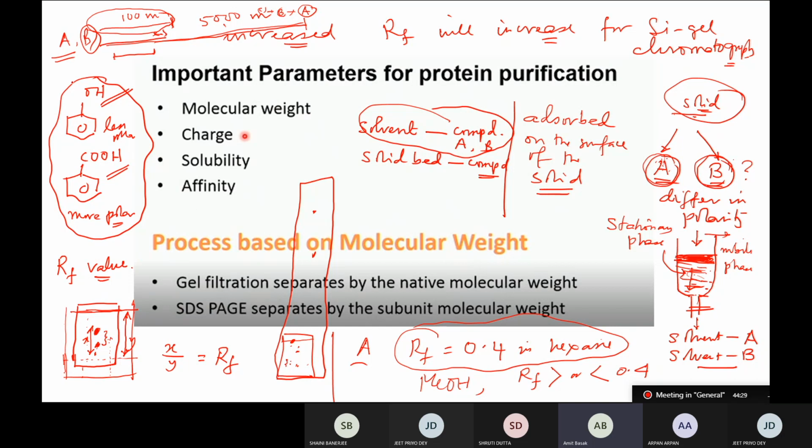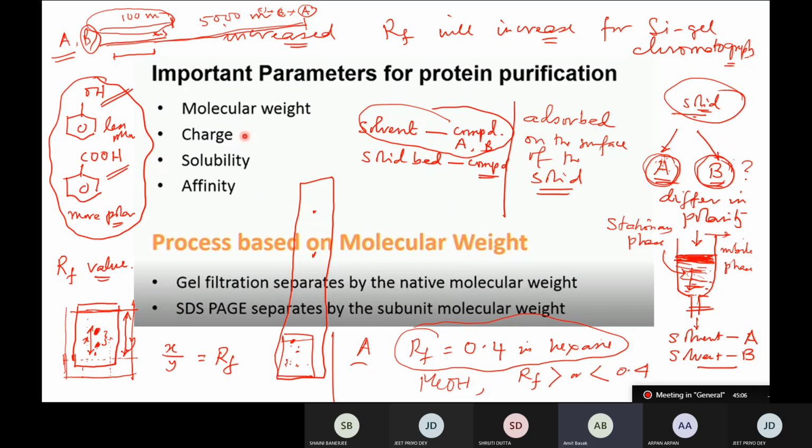Obviously, a person with a body weight of 100 kg and a person with a body weight of 60 kg, the 60 kg fellow is expected to run faster than the 100 kg fellow, right? That is a comparison of two molecules with different molecular weights. If the molecular weights are widely different, you can exploit that difference to control their movement.